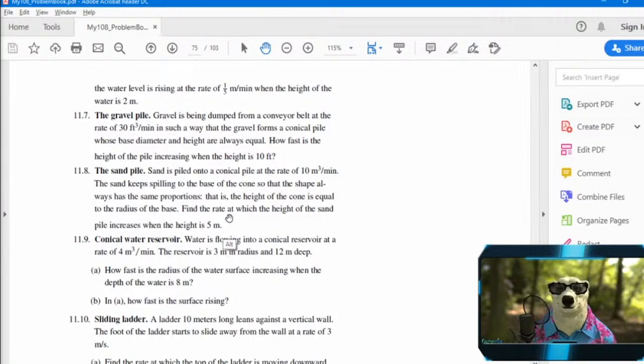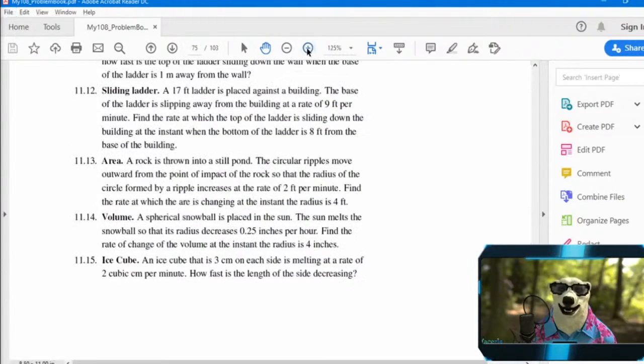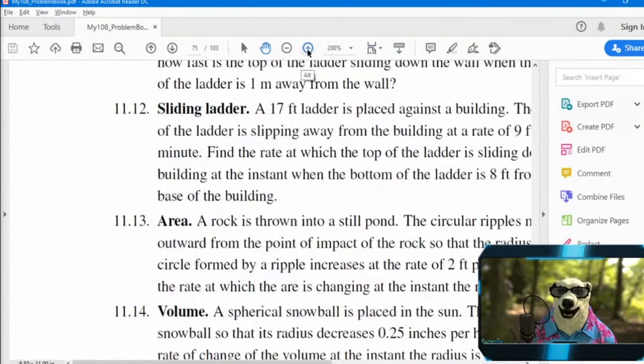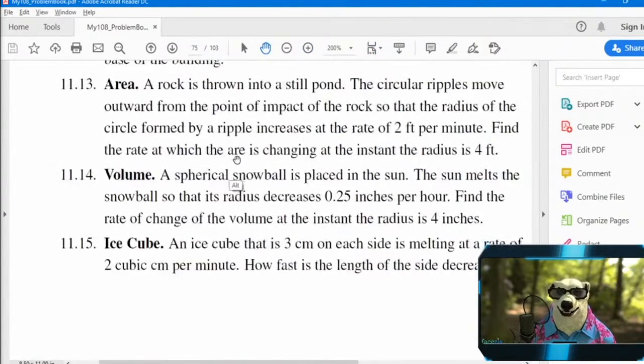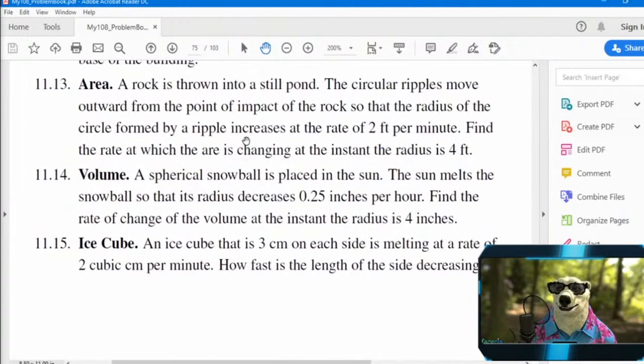The first one I wanted to do was the classic 11.13. Let's zoom in as much as we can here. 11.13.